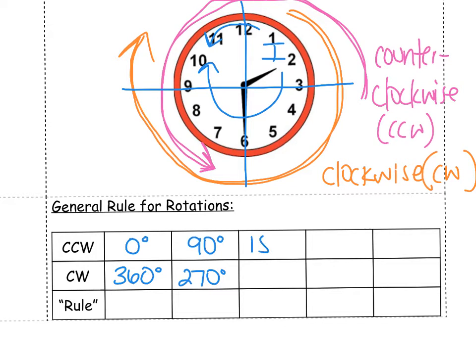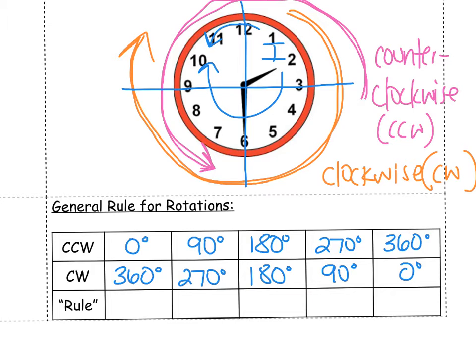So 180 degrees counterclockwise, so that's 2 over, would also be 180 degrees clockwise. 270 degrees counterclockwise is 90 degrees clockwise. And 360 degrees counterclockwise, which is all the way around, is 0 degrees when we go clockwise. So we're talking about which quadrant we're going to end up in, quadrant 1, 2, 3, or 4, and how many degrees of a rotation that is.